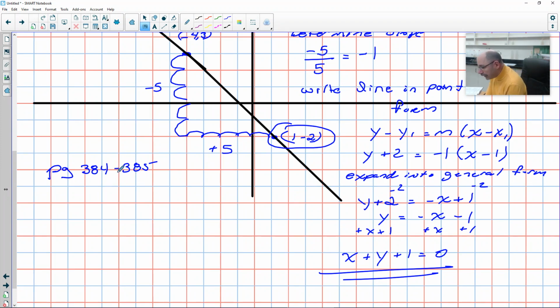6.6. And what we would like you to try is do number 4 A and C, 5 A and C. Okay. Those ones are just identifying. Okay. 6 A and C because you have to rearrange. Okay, 9 A and C. That's graphing.